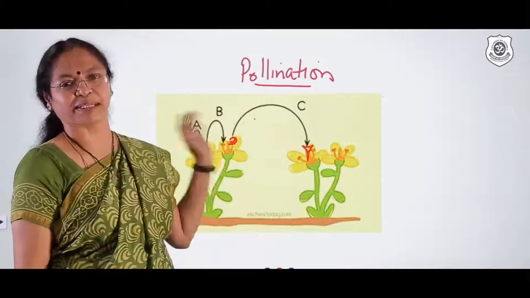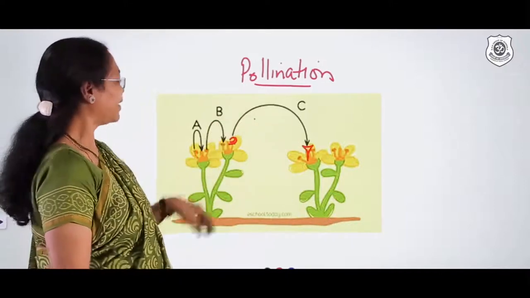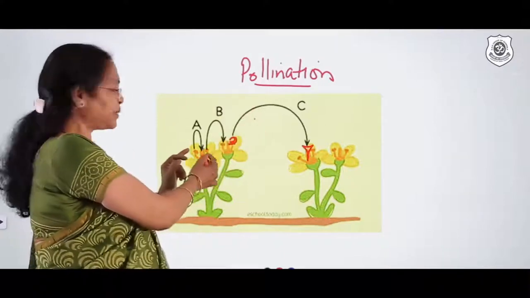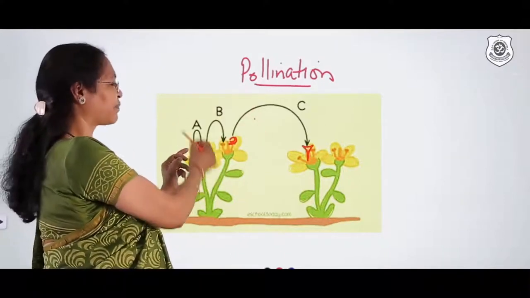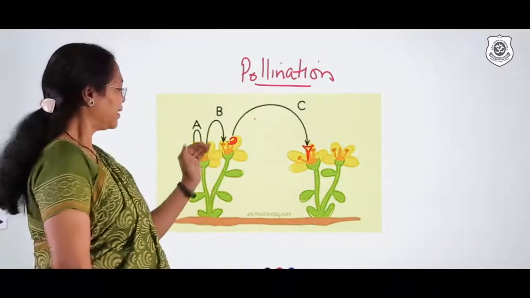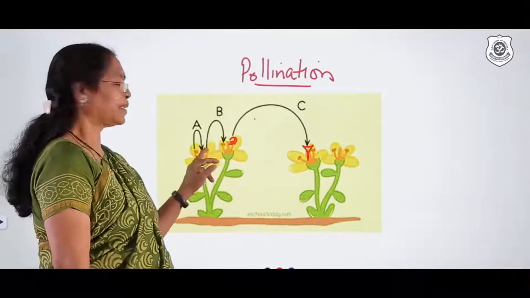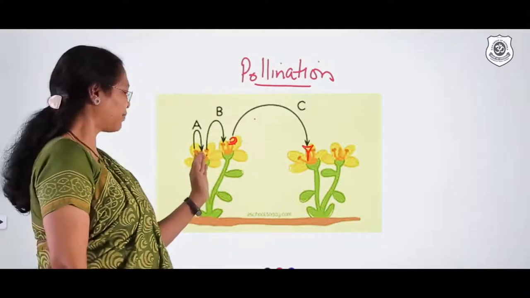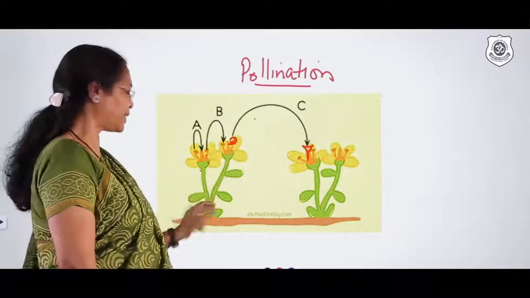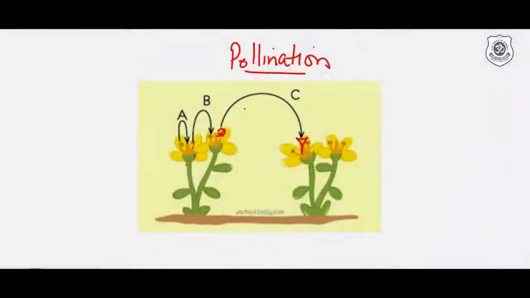You can see some arrow marks here. This clearly tells you there are different types of pollination. The pollen grain can fall from the anther to the stigma of the same flower. This is one. The second arrow mark says the pollen grain will fall from the anther to the stigma of another flower of the same plant. We are just looking at one plant.